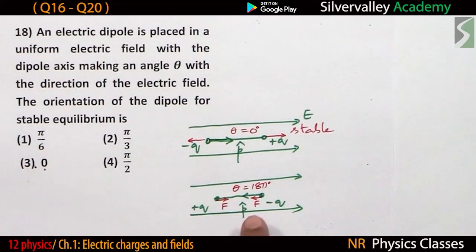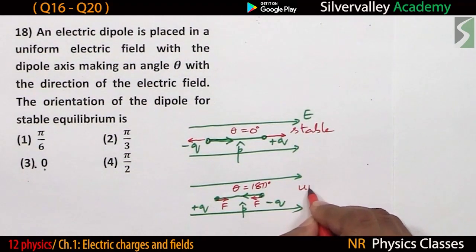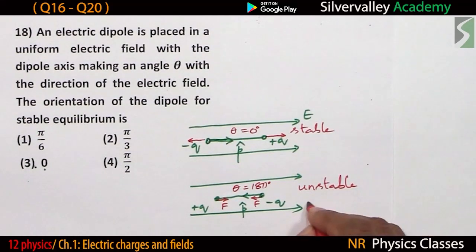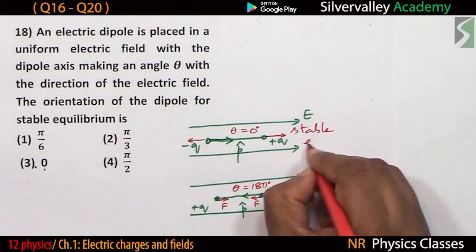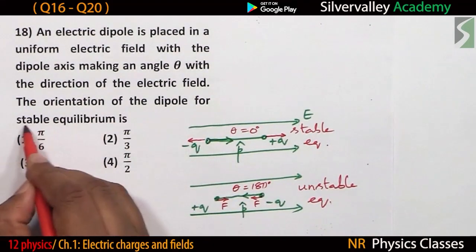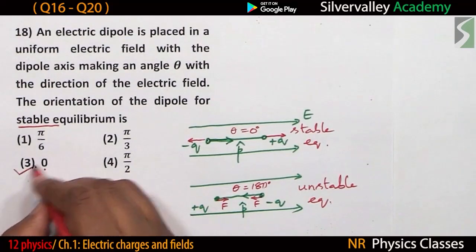So that is why this angular position is said to be in unstable equilibrium. It is equilibrium but unstable. This is unstable equilibrium. This is stable equilibrium. So the orientation of the dipole for stable equilibrium is 0.